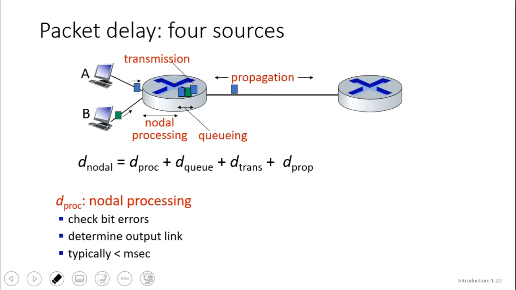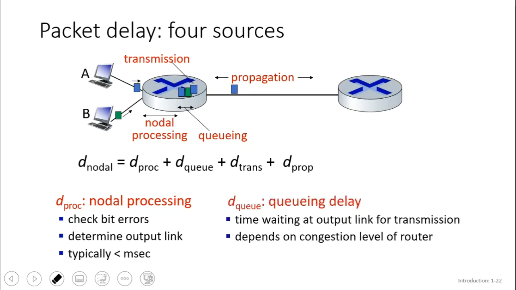It can have some errors in the packet, and then the switch has to deal with it first. We also need to know what the next link is. All of this processing is happening: who are you, what do you have, where are you going to? These are the things the switch asks the packet coming in, and it takes very little time, some milliseconds. That's not much of a worry.